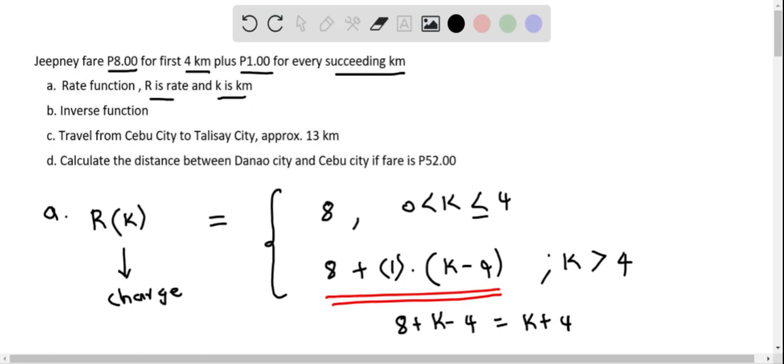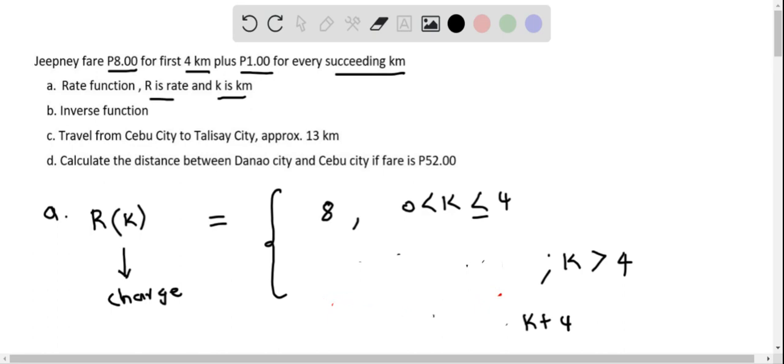So I can completely write this down as just k plus 4. So this is the rate function, which means we answered the first part. Let me shrink this and put it over here.